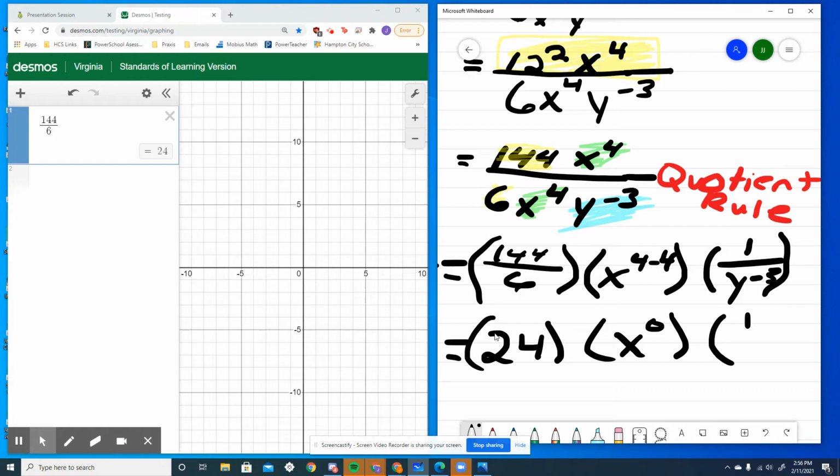Well, this is a negative exponent. So anytime we have negative exponents, we have to do something called the reciprocal, which is flipping my fraction. So I know that this now turns into y to the positive 3 all over 1.